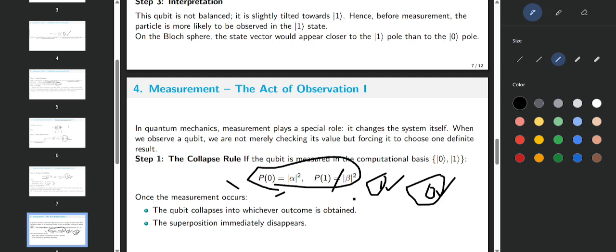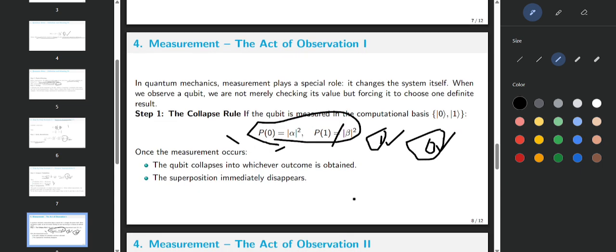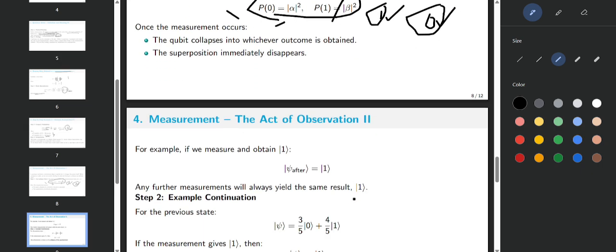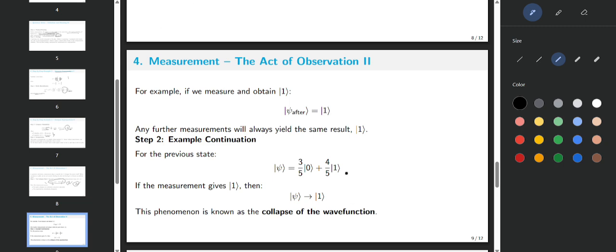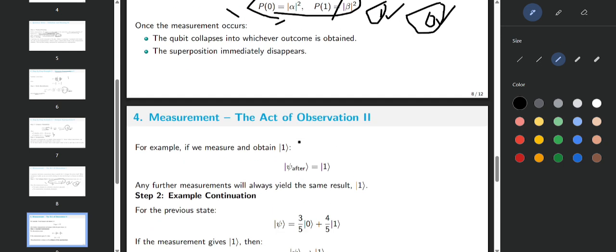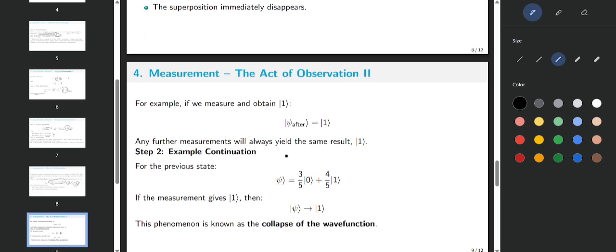Taking the previous example, 3 by 5 ket 0 plus 4 by 5 ket 1, you have the higher probability of 0.64 for ket 1. So the ket psi becomes only ket 1.